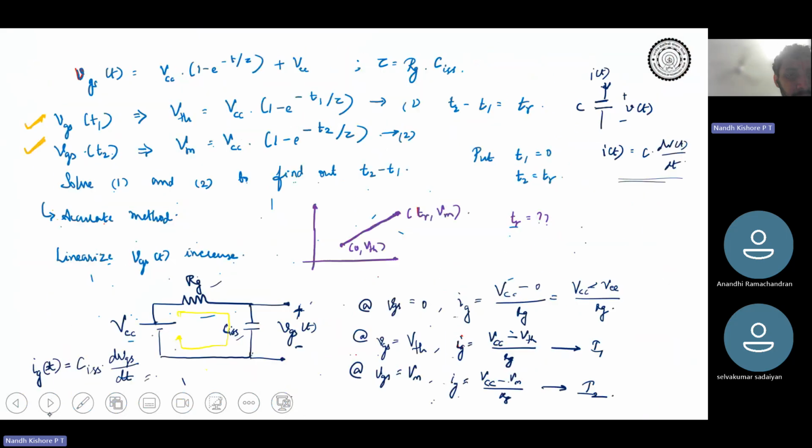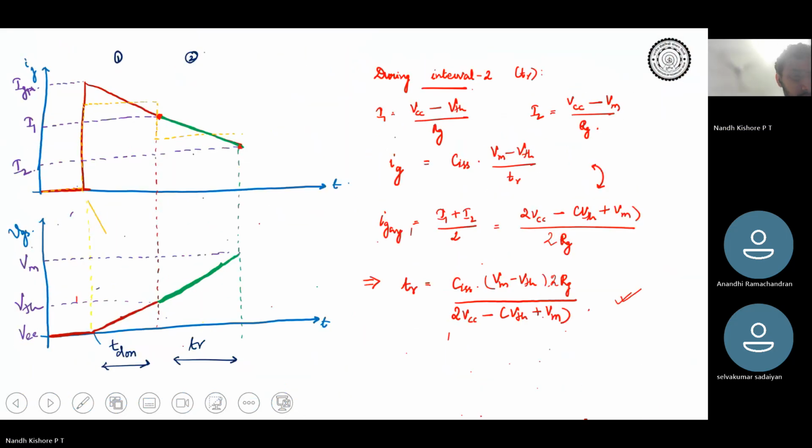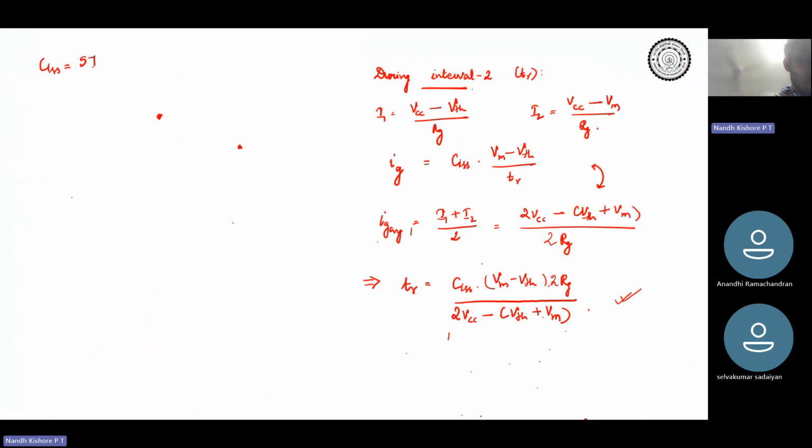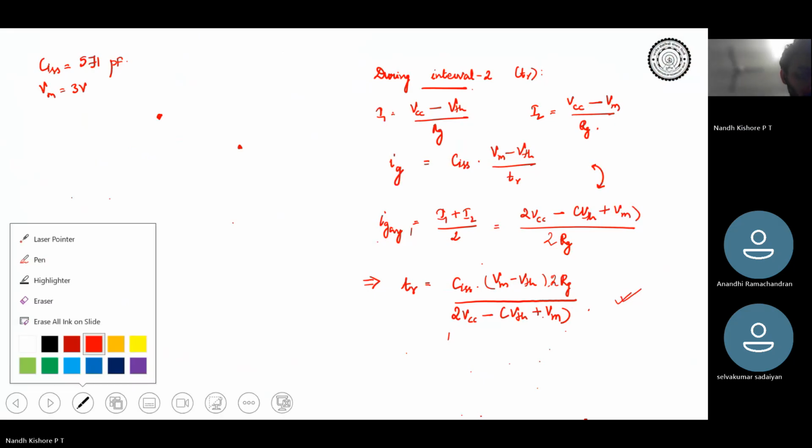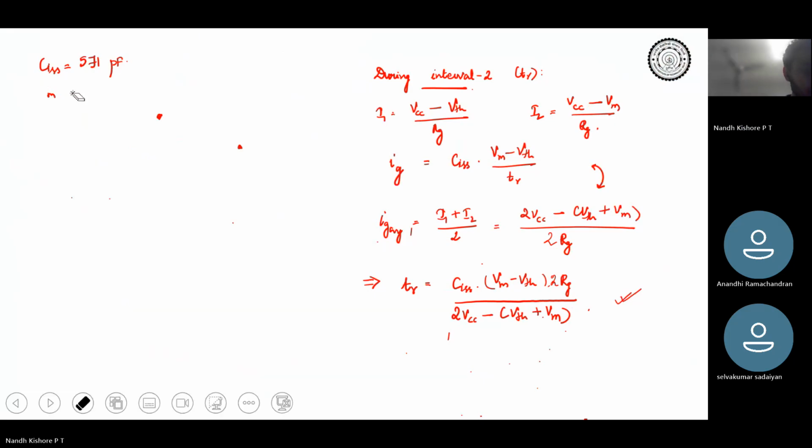And V threshold is 3 volts. VM is 9 volts.